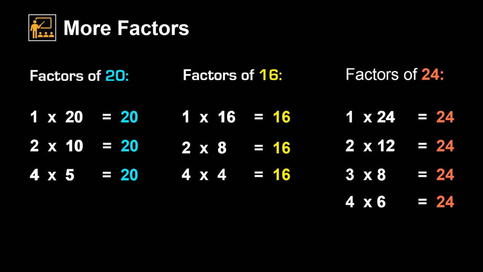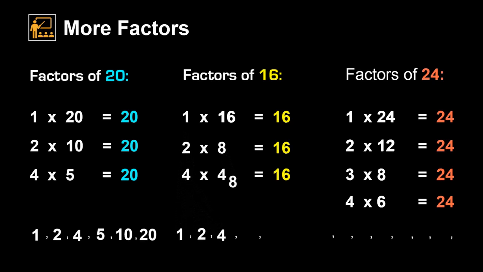So just to list those factors: the factors of 20 are 1, 2, 4, 5, 10, and 20. The factors listed for 16 are 1, 2, 4, 8, and 16.